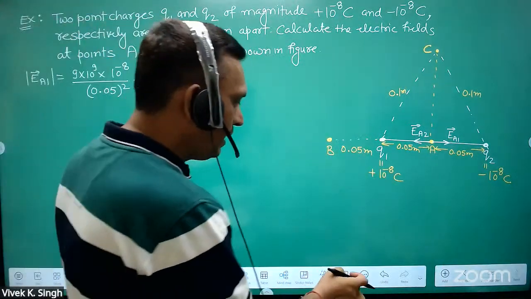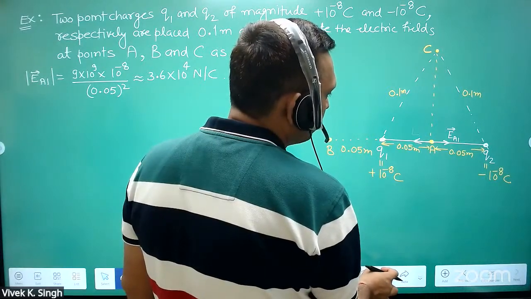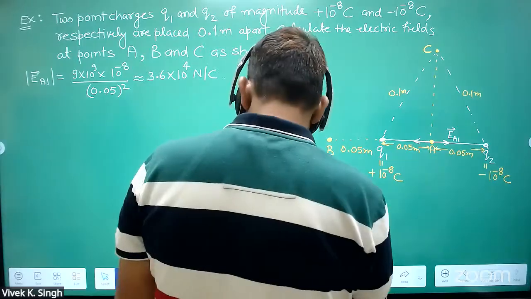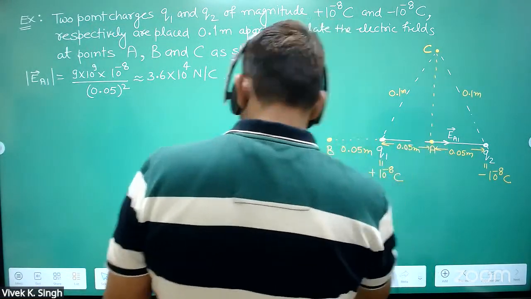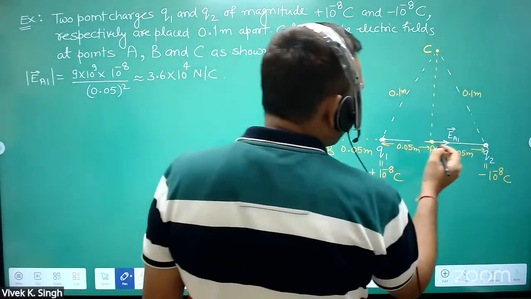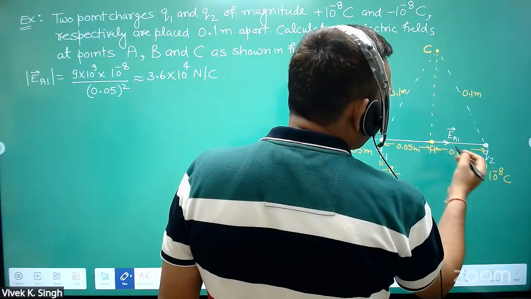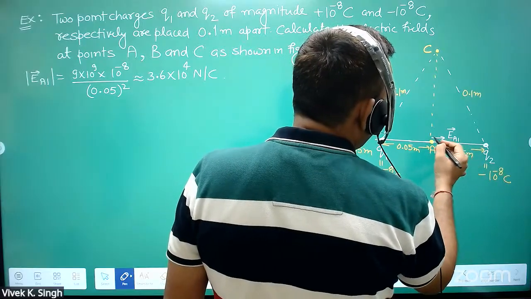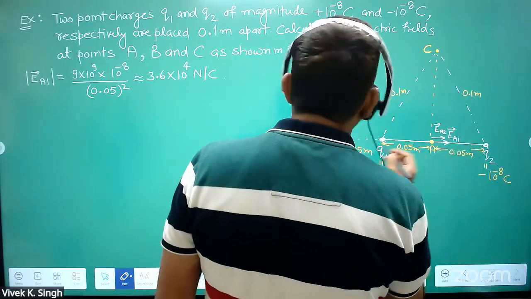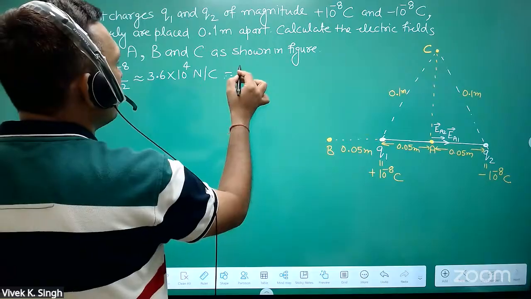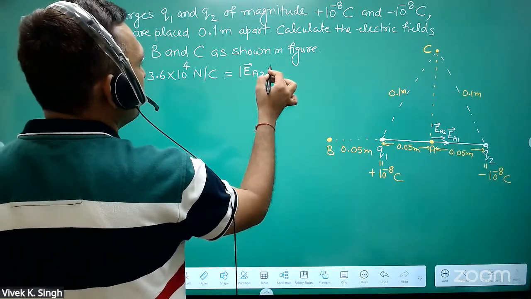EA2 is also in the same direction. Why? Because this charge Q2 is negative. So EA2 will be in the same direction, and the magnitude of EA2 is also the same. Yes or no?